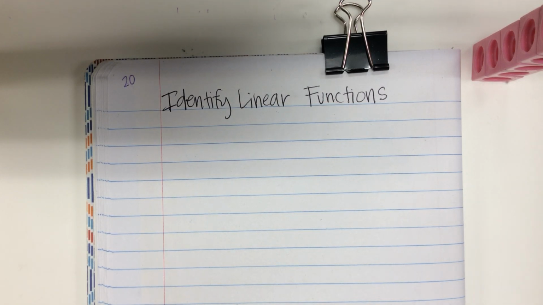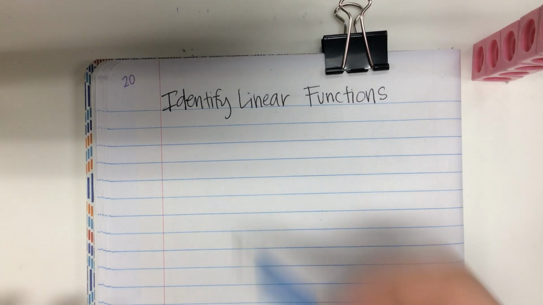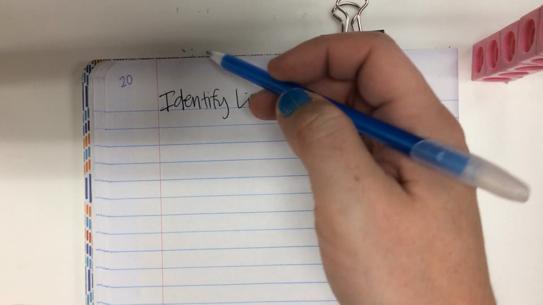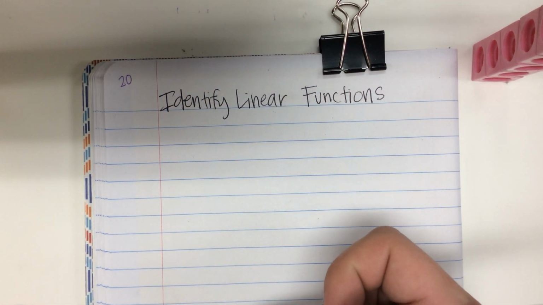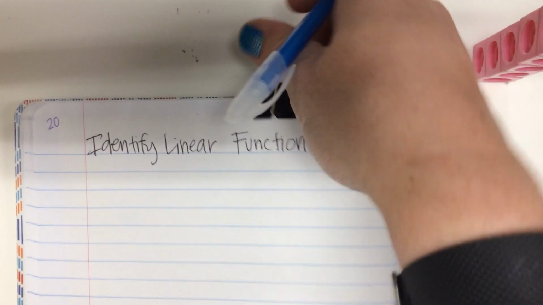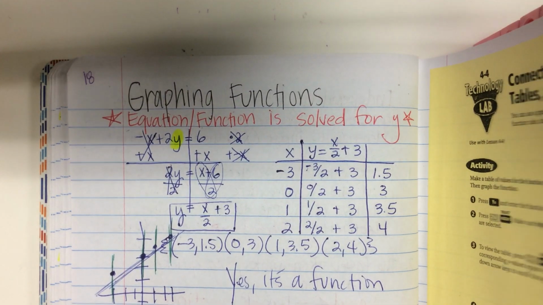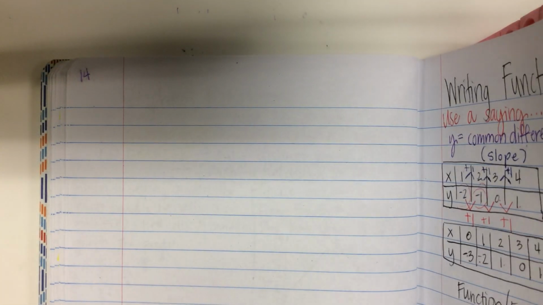So we've talked about functions, and we talked about when we did functions passed the vertical line test. So when you had a graph, you drew vertical lines through it, and if every vertical line only touched the graph in one spot, it was a function.